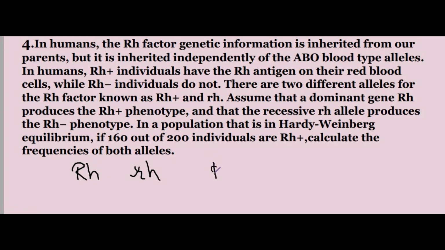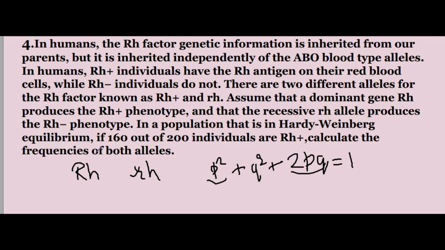Again, p square plus q square plus 2pq is equal to 1, and here p square and 2pq will tell us about the capital Rh, and small rh is about q square.